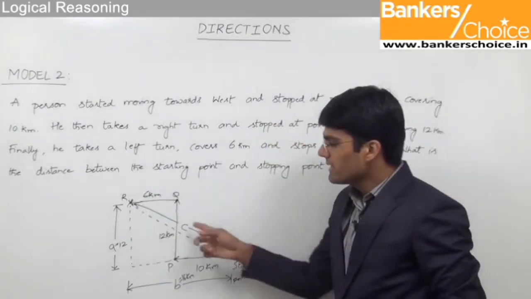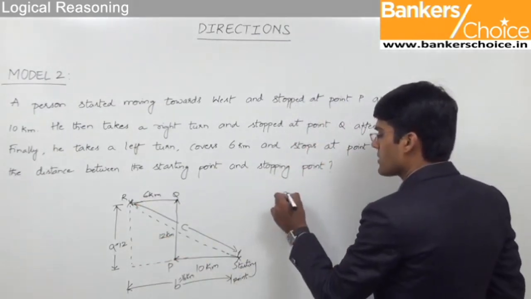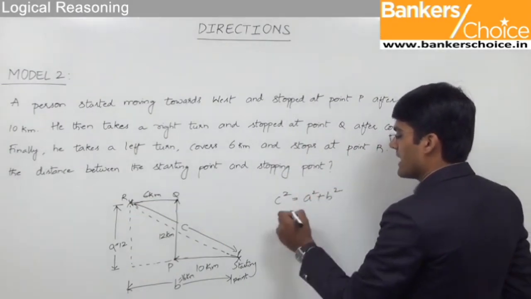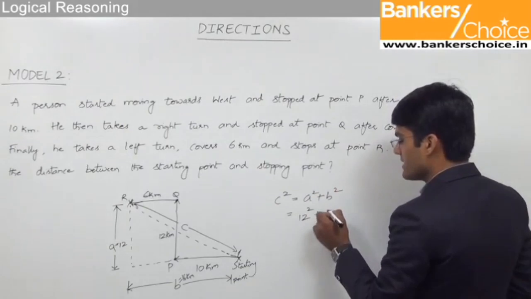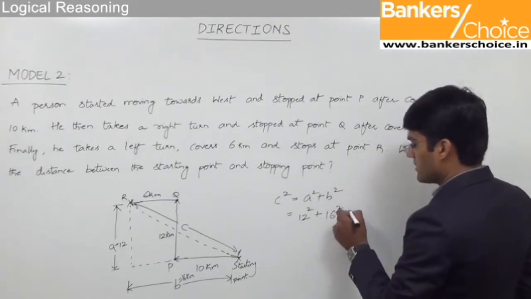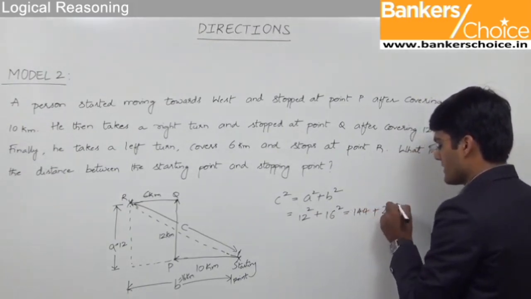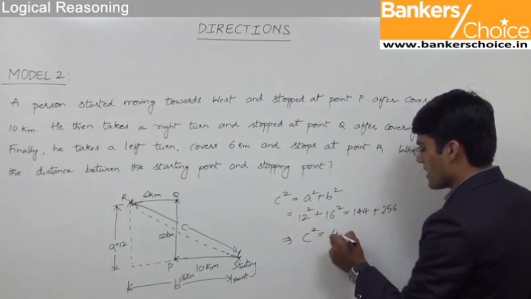Now, by applying Pythagoras theorem to this right angle triangle, we can say that C squared should be equal to A squared plus B squared. And A here is nothing but 12. So 12 squared plus 16 squared since B is equal to 16. And this total comes out to be 144 plus 256. So very clearly C squared is equal to 400.